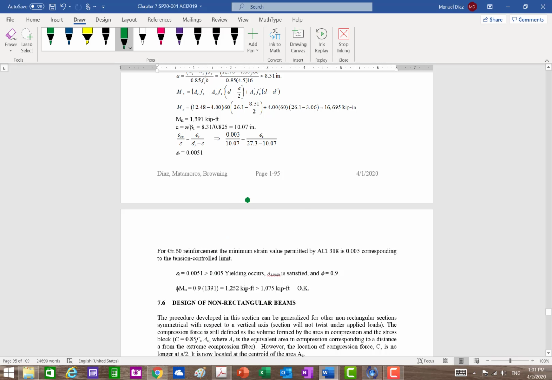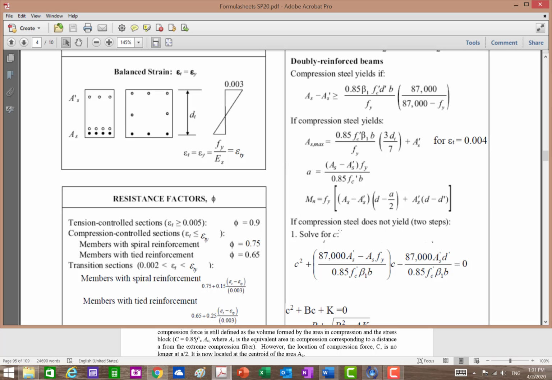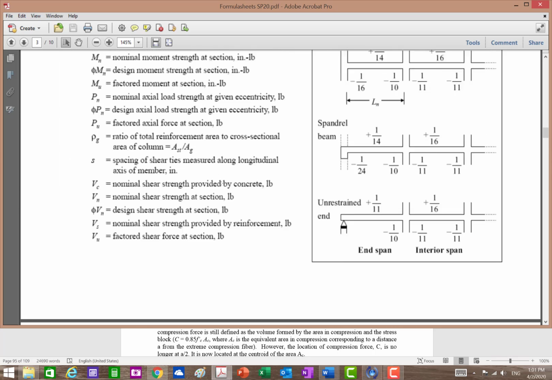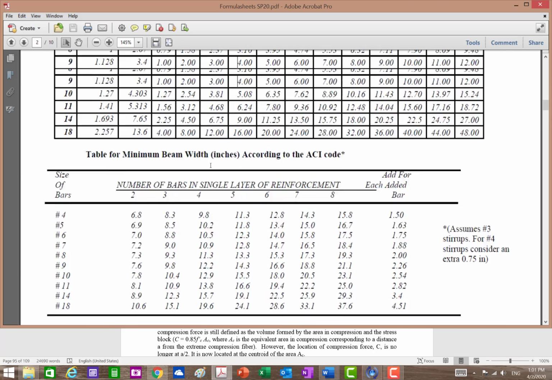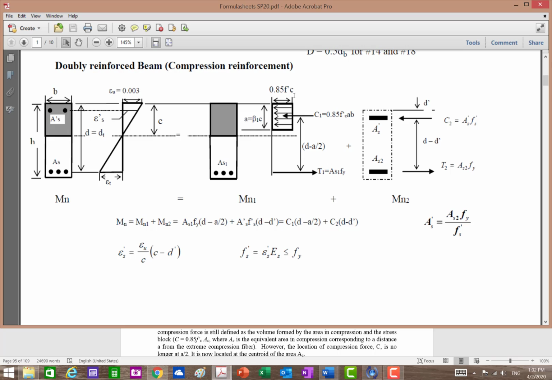Now, all the formulas that we have been using here, as I said, are in your design aids. These are the formulas for checking that we've seen already. But the ones that you're probably looking for is the equilibrium that you're doing with tension forces and all that. Right here, this figure. So when I said my additional tension has to be equal to my compression force, this is what I'm doing.